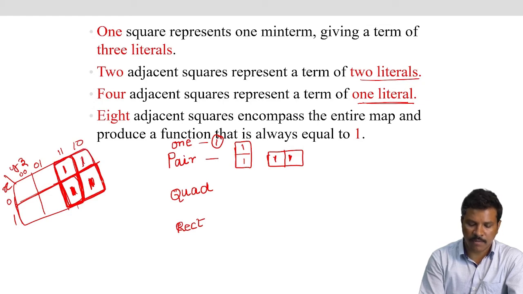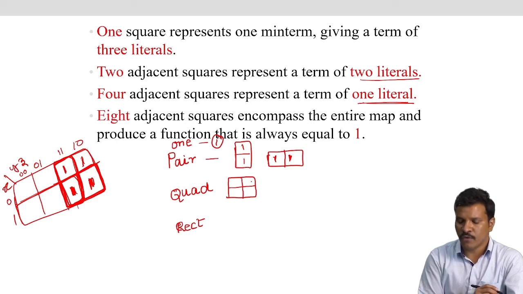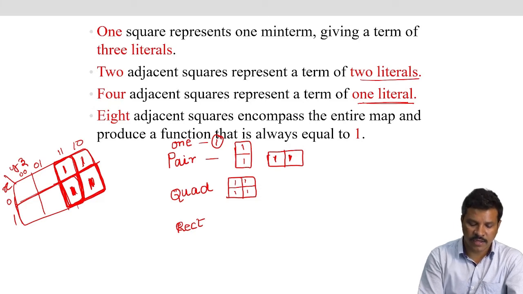Similarly, is there any four ones here? Here you can come up with four ones. Those four ones look like a square box among the 8 square boxes in the three variable Karnaugh map. We can have a square box of four ones. This is one way to look at it in the 8 boxes. And another way is when we remove this one, we can have this way, four ones are also there.